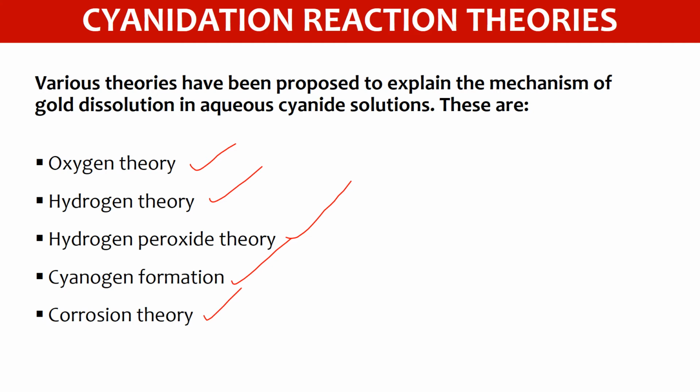There might be a step that is retarded, or a step that is affected by certain conditions, and your cyanidation process does not occur as you would want. It could be the rate determining step in this overall cyanidation reaction. For you to get there, there might be steps that need to be altered, or that need different types of conditions.